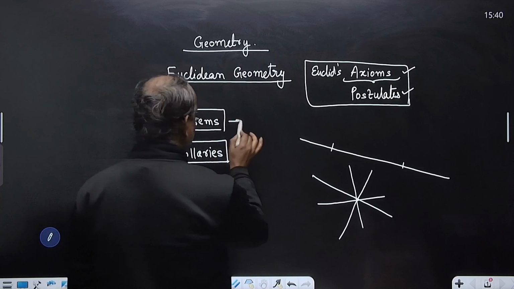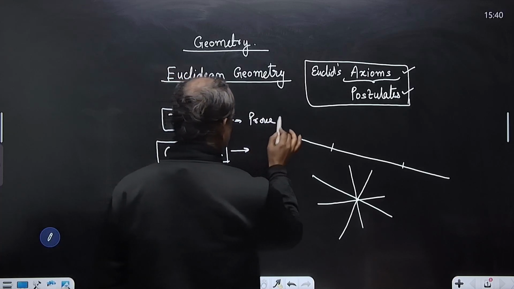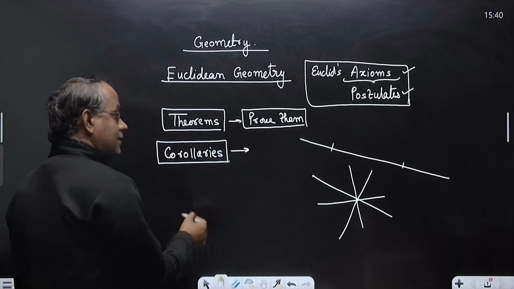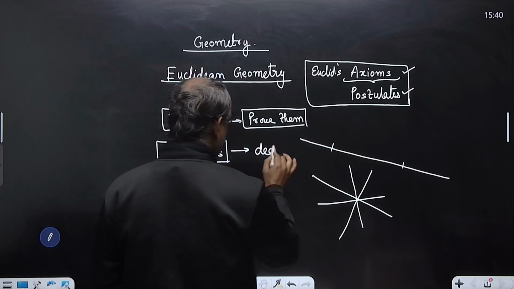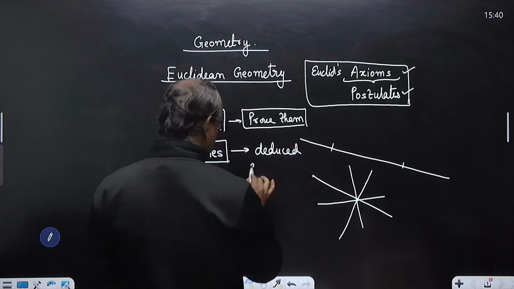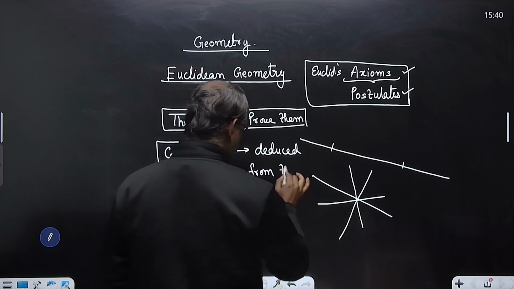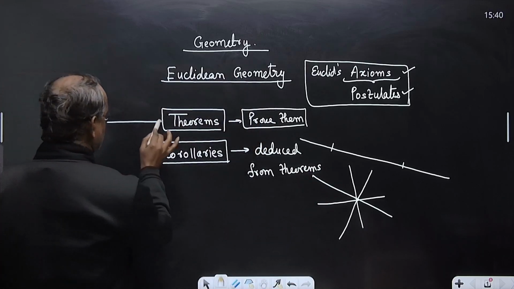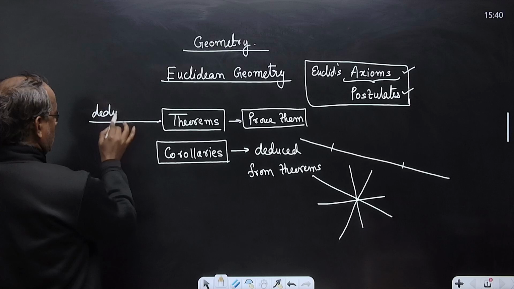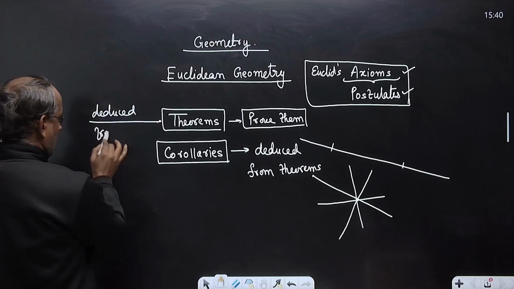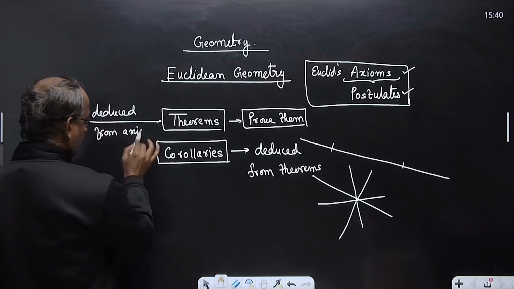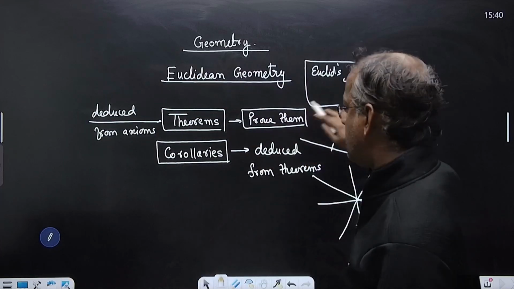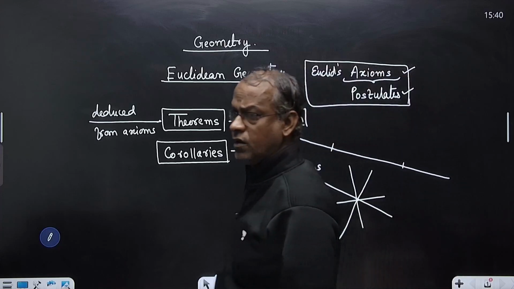Theorems we prove; corollaries are deduced from theorems. So to say, theorems are deduced from axioms, and then we deduce corollaries from the theorems. Again, a very basic framework of any mathematical study, not only geometry.